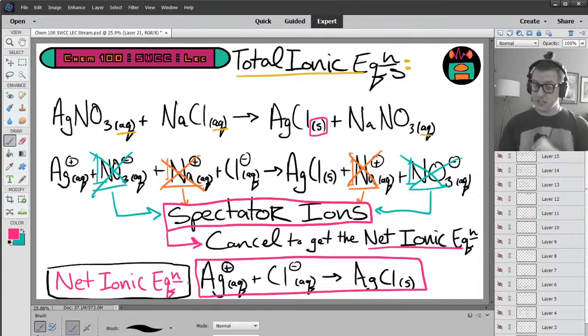Then you identify your spectator ions, cancel them out, and write your clean net ionic equation. The way to think about this is like different ways of looking at the same thing. If you're watching a basketball game, you've got that wide angle shot where they pull back and you see the whole stadium, the audience and the action on the court. That's like the total ionic equation.